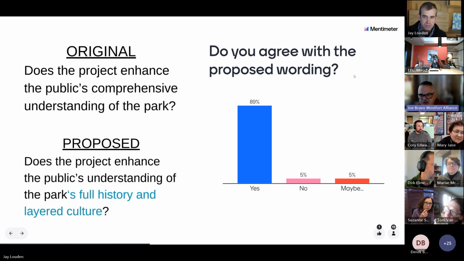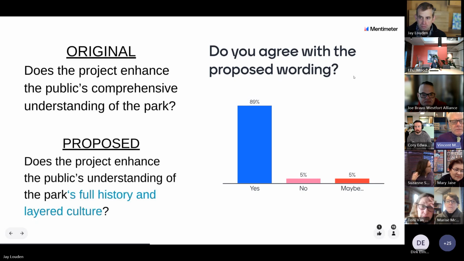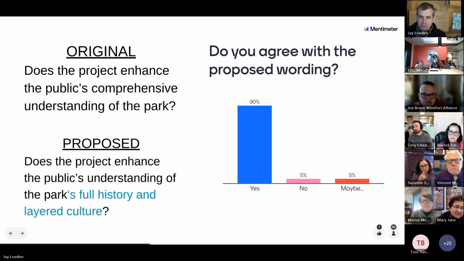Right, and the general public's not going to understand that. And Vince? Well, you could just leave out the word layered. I think this was a suggestion of the public, but you can just say full history and culture. I'm always in favor of making things simpler, especially when you're dealing with big criteria. All right, Rachel? I agree on that front in terms of simplification.